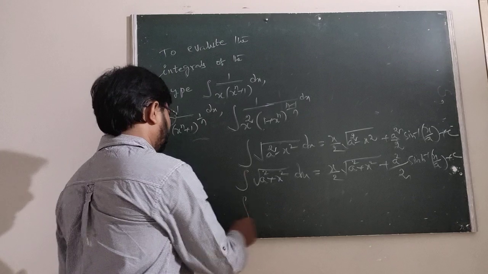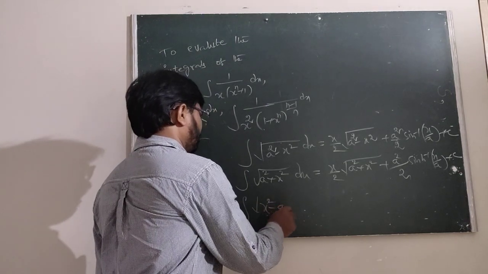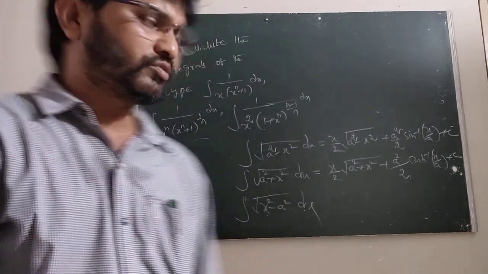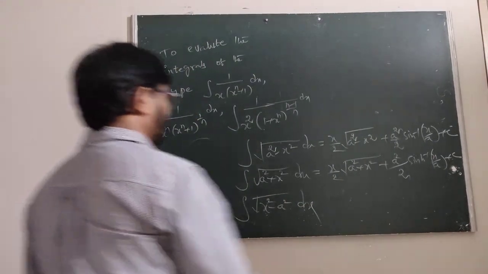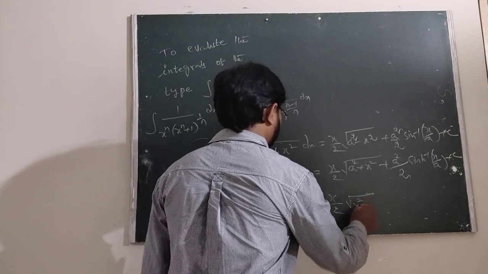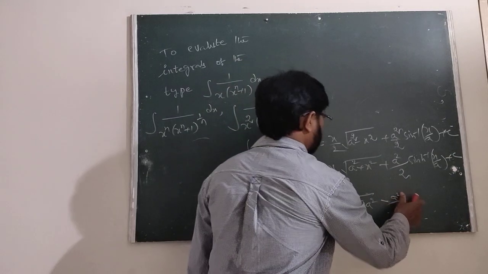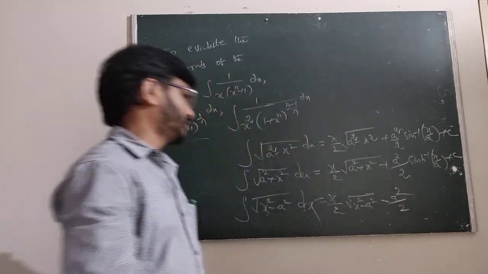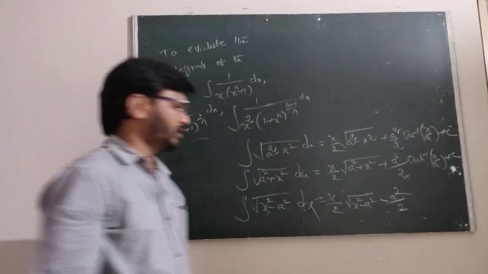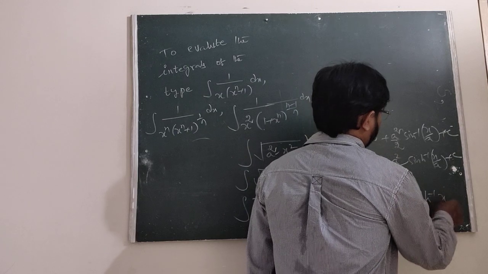Now we go to the next one, the integral of root of x square minus a square dx. It is x by 2 root of x square minus a square minus a square by 2 cos h inverse of x by a.